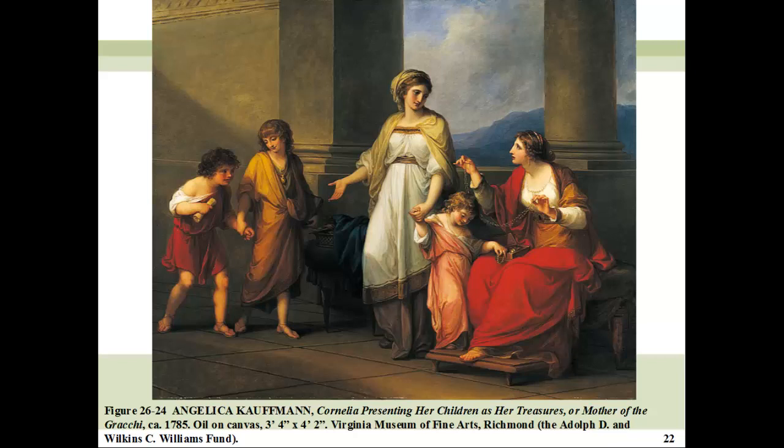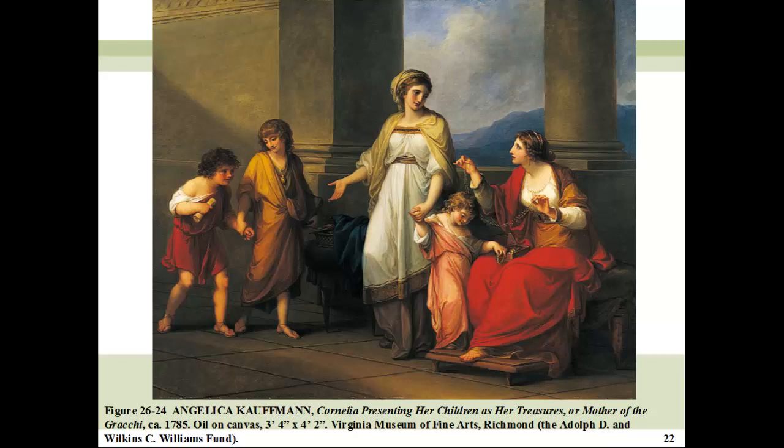In the ancient Roman story, a woman visitor has been showing off her jewels to Cornelia, and then asks her about hers. And Cornelia's response is a gesture to her sons and says, "These are my most precious jewels." You can see how such paintings were the didactic manifestation of Enlightenment critics.